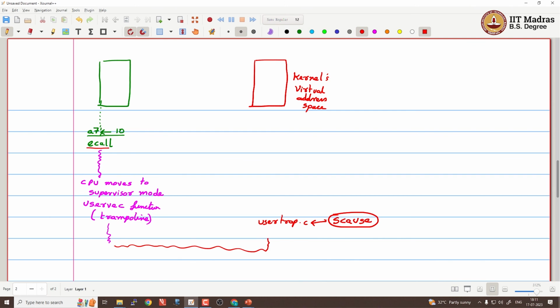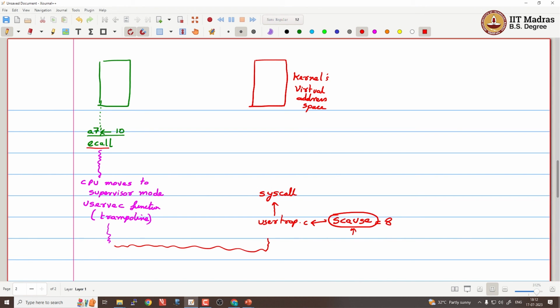The way it would identify this is that the SCAUSE register would have the value equal to 8, indicating that the cause for the event was a software interrupt. So, now that it has identified the cause, it can start to service the interrupt by calling the syscall function.